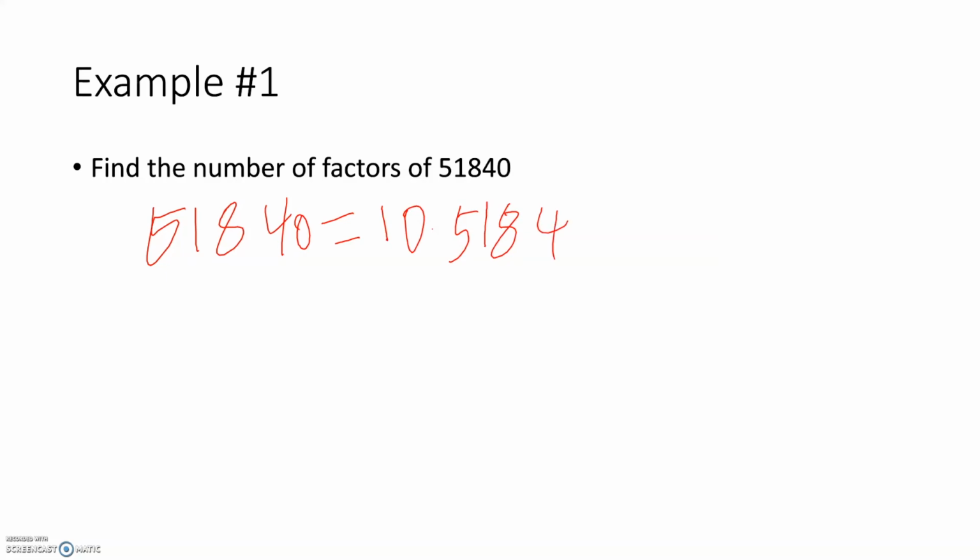So we know this is 10 times 5184. Now we can see this number is divisible by 4 since it ends in an 84 and we know 84 is divisible by 4.